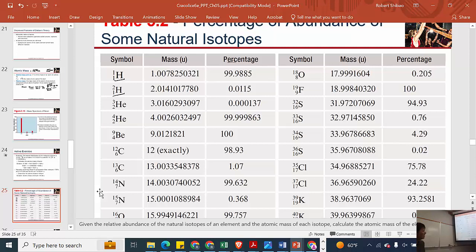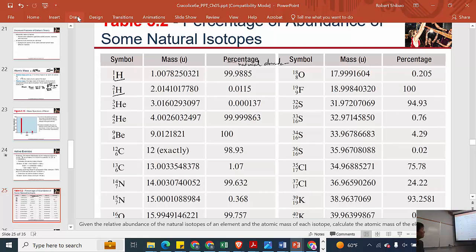This is the percent, what we call natural abundance. And so if I get a sample of hydrogen, then 99.9885 of those out of 100 will be hydrogen 1, and then 0.0115 will be hydrogen 2 or deuterium.